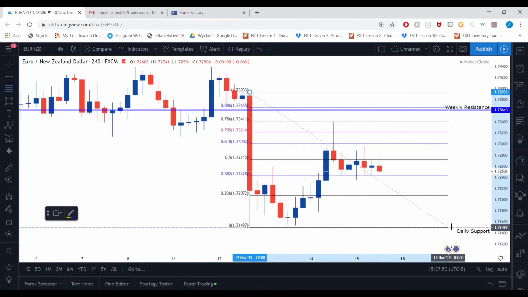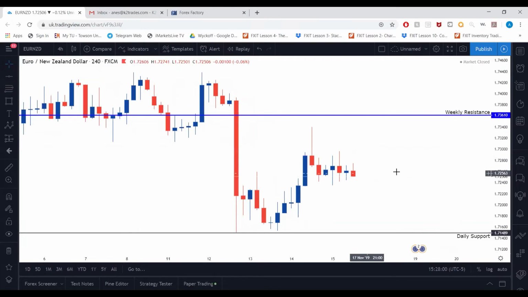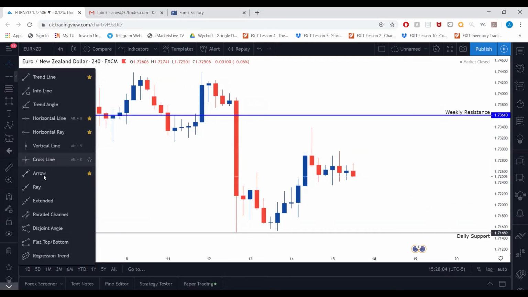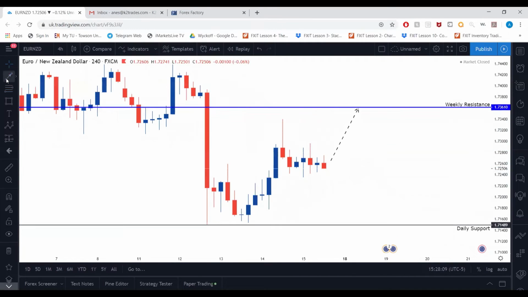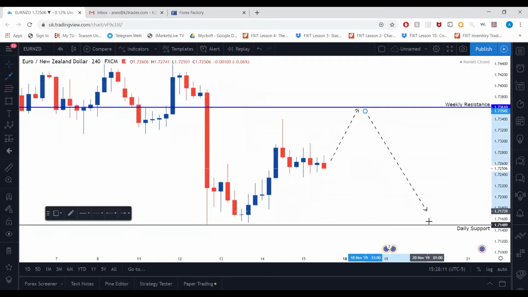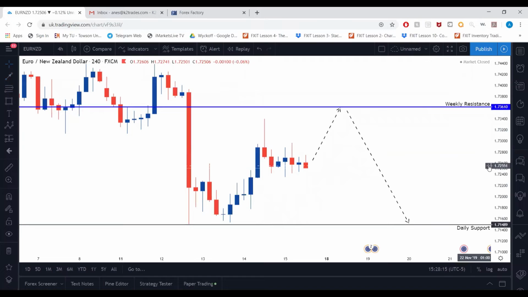From here to there, yes, it did reject it, but right now I can hardly tell you what it will do because it's in the middle of the zone. I can favor seeing if we can get a retrace back up to retest this, and then see if we can trade it back down within this zone, which is like 220 pips.